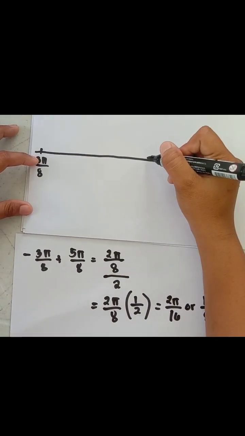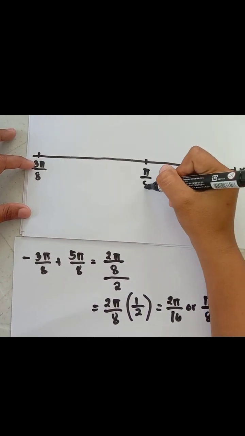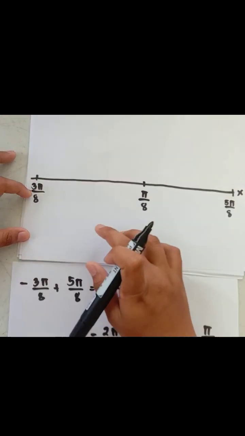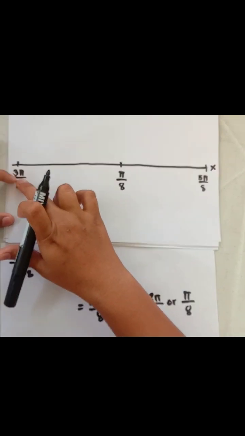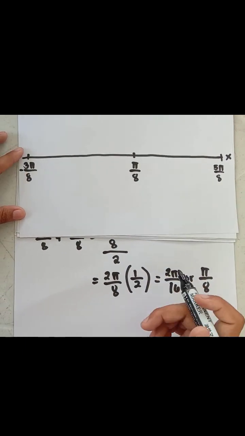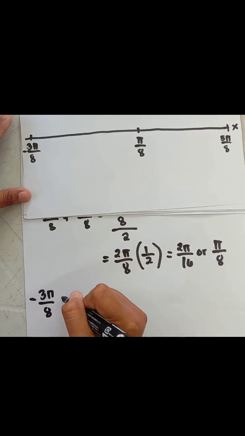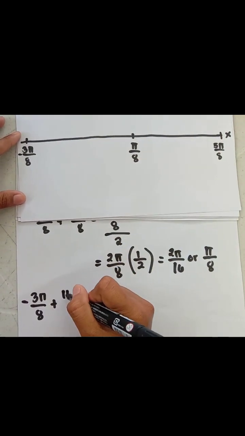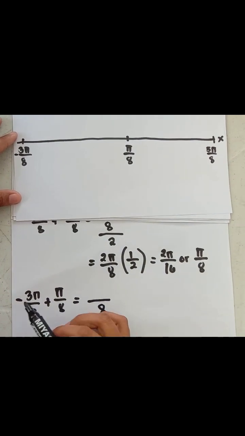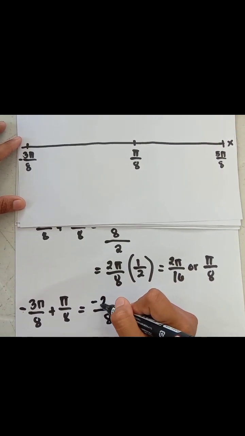Then, our midpoint is pi over 8. And to get the point here, we need to add the phase shift and the midpoint and divide it by 2. Same process that we did earlier. So, negative 3 pi over 8 plus the midpoint pi over 8 equals, copy denominator, then negative 3 pi plus pi equals negative 2 pi.